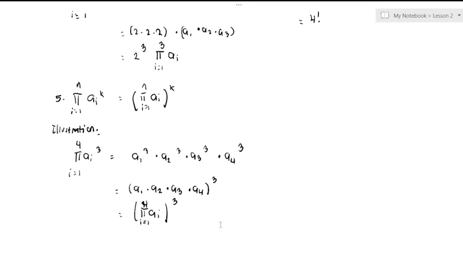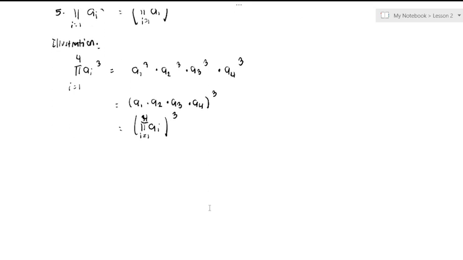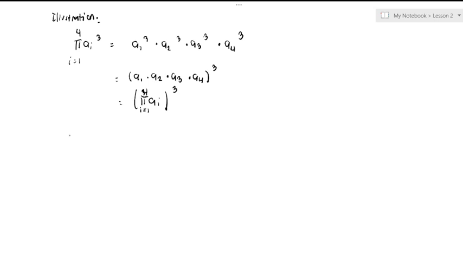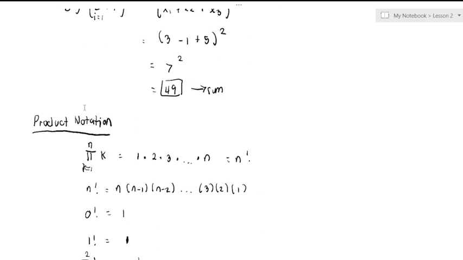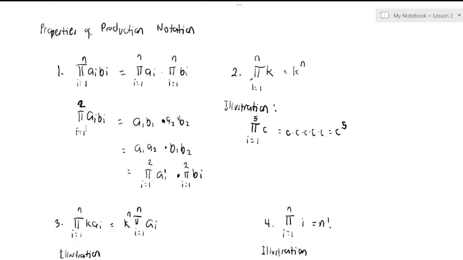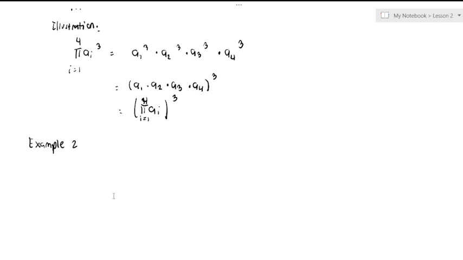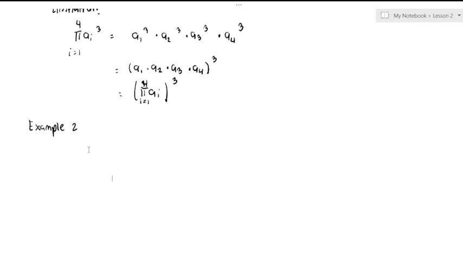Now, let's have our example on how to apply product notation. So, let's call it example number 2. Kasi meron tayong example 1. Ayan. Sige. Example number 2. Let's have letter A. Let's find the product of K, K equals 3 to 7.